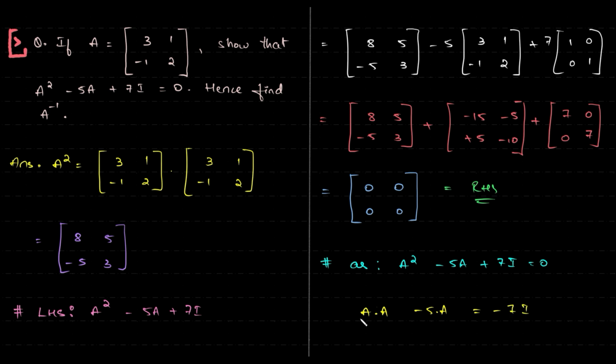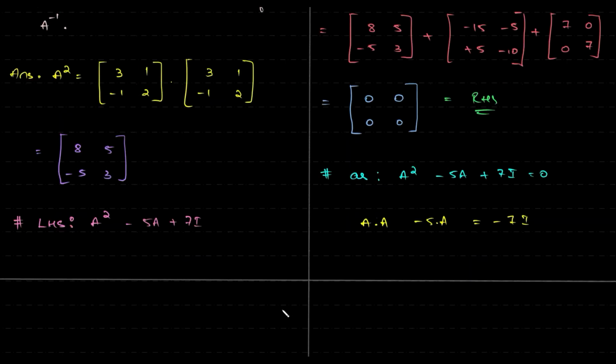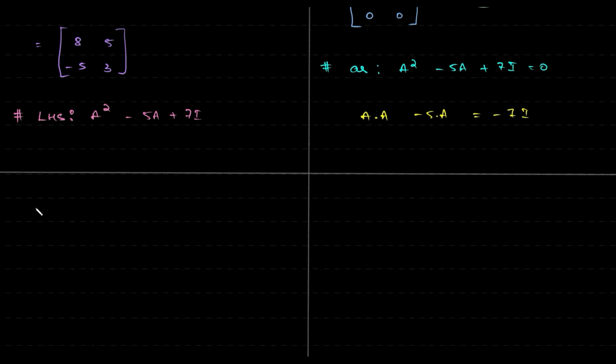Now we need to multiply with A inverse throughout, multiplying all terms with A inverse. So we will end up with A into A into A inverse minus 5 into A into A inverse, which is equal to minus 7 into I into A inverse.